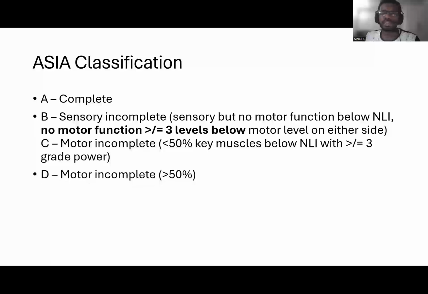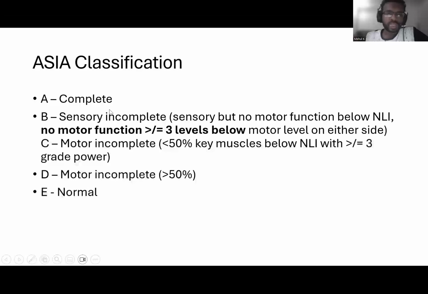ASIA C and D are based on the individual muscle group strengths that we discussed. If more than 50% of your muscles have power greater than or equal to 3, that will count as ASIA D. And if less than 50% are involved, that is counted as ASIA C. E is normal, and you will only call it ASIA E if there is some history or radiological evidence of spinal cord injury.